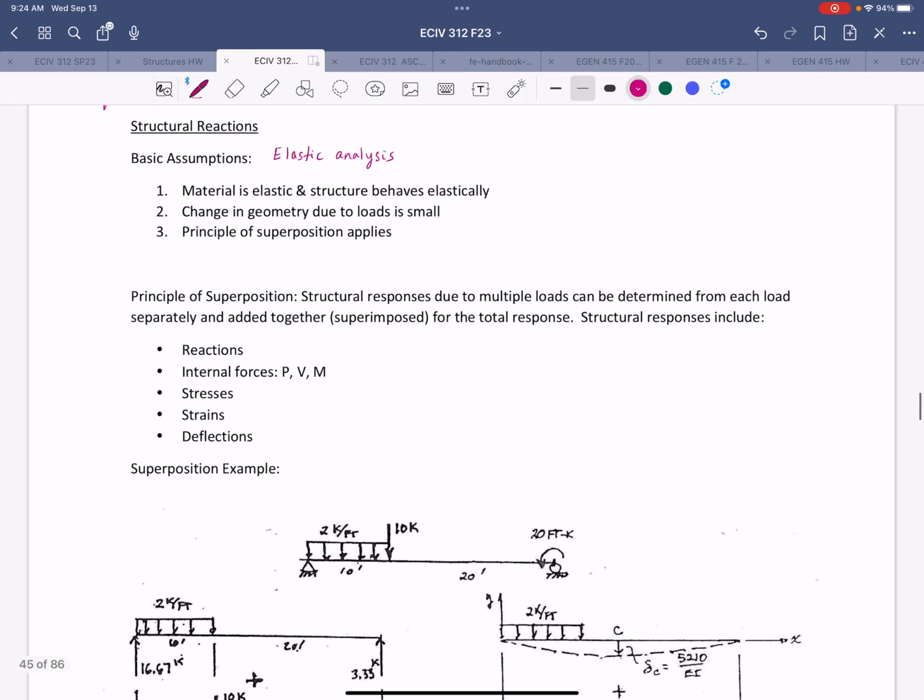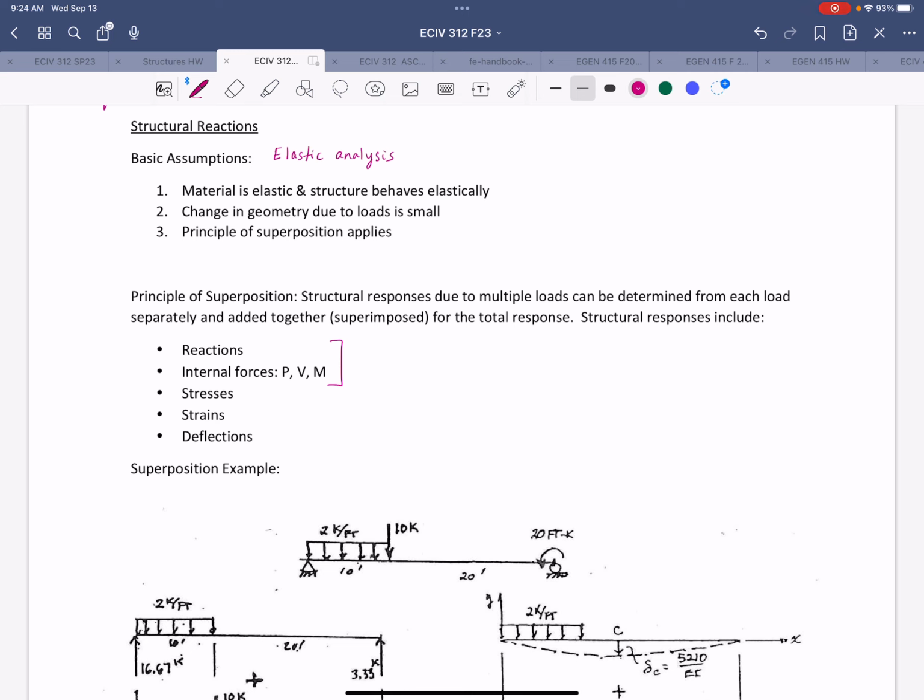So a quick note on these responses. Reactions and internal forces, these types of responses are completely independent of the material and the cross-sectional geometry, right? So E and I do not factor into internal forces or reactions.